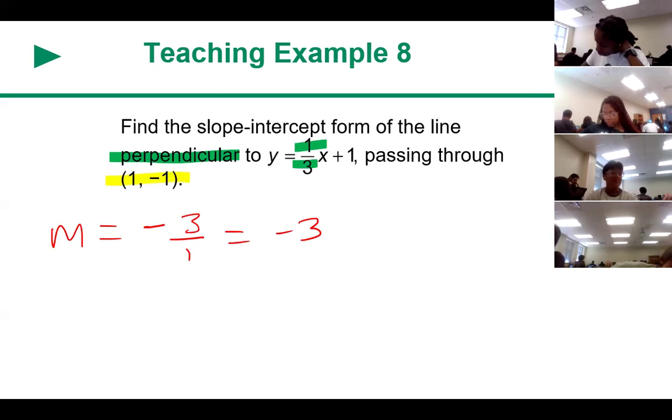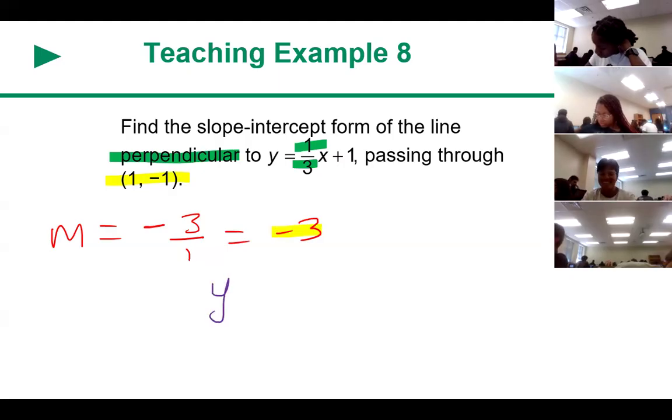Okay. So for my new equation, I'm going to be using -3 and the point 1, -1. What do I use when I'm given a point and the slope? Point slope, right? We're going to use point slope.